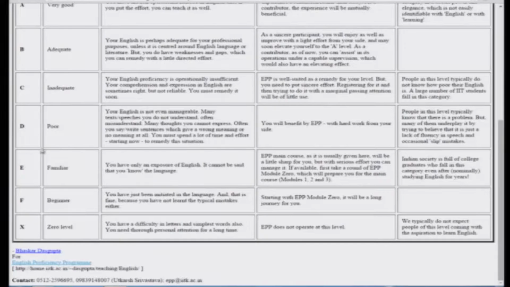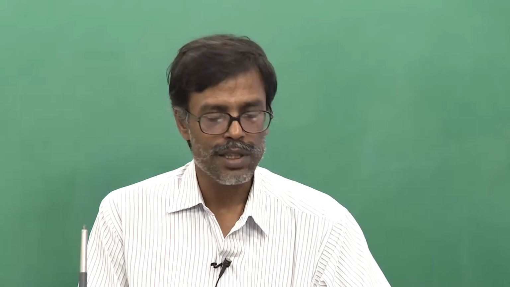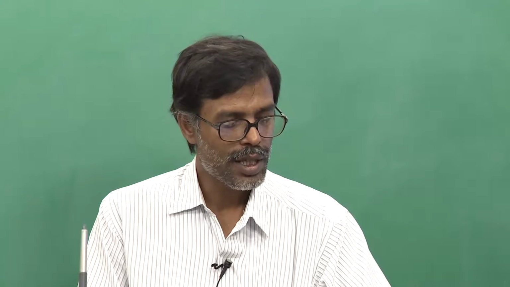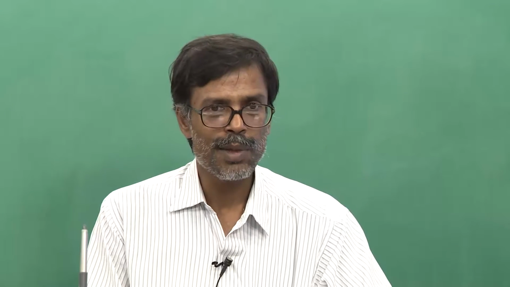And for them, our course as it is will be difficult, and it will be necessary to start these people with our so-called module 0, specifically designed for people in this category. And F is of course beginners, so children and socially disadvantaged people and so on. And of course, as the absolute minimum there is a 0 level, X, who are to be taught ABCD properly.